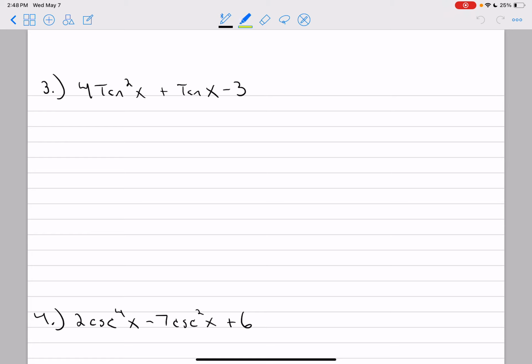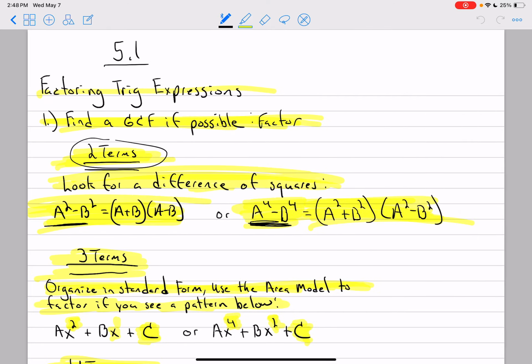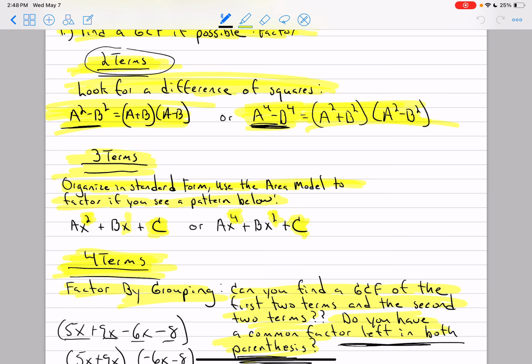Number 3. It says 4 tangent squared x plus tangent x minus 3. All right, so I'm looking at this one. There are no GCFs. This does not have 2 terms. It has 1, 2, 3 terms. So let's go back to our notes. 3 terms.